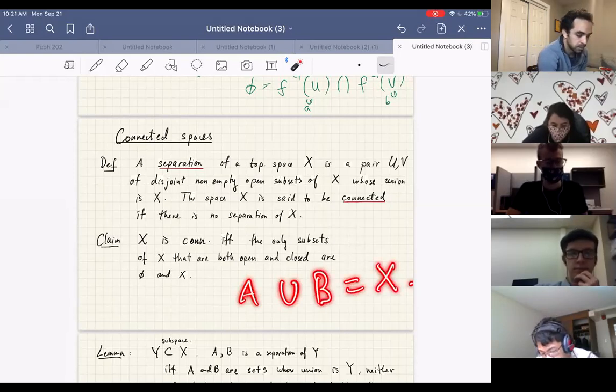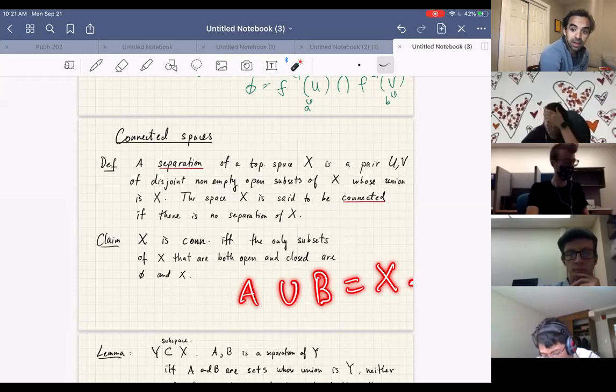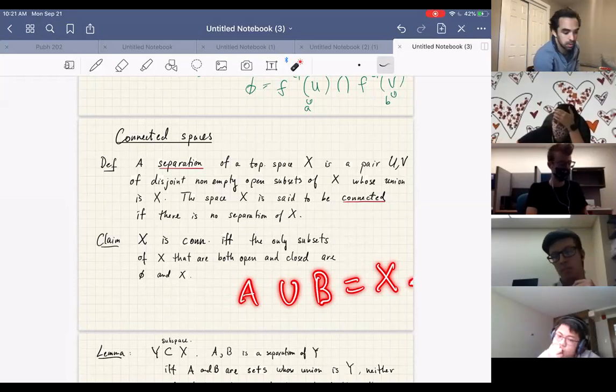Exactly. The disjoint property means that they're complements of each other, right? So since they're complements of each other, both A and B are both open and closed, right?